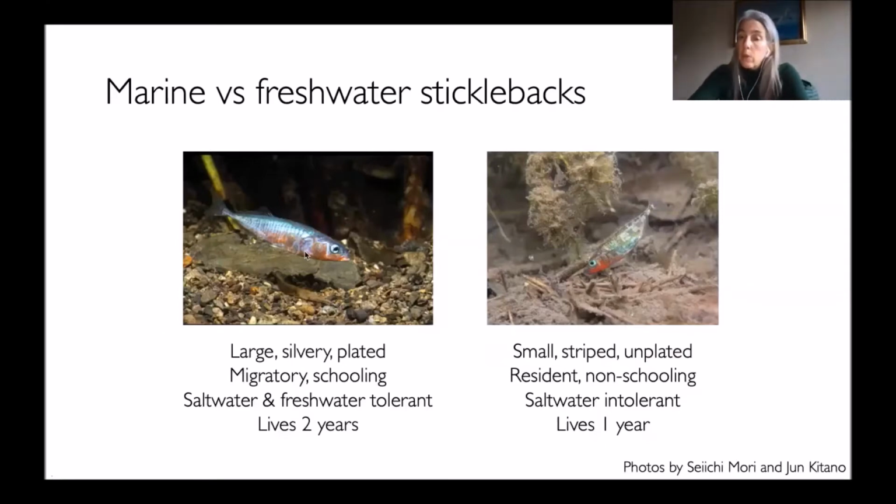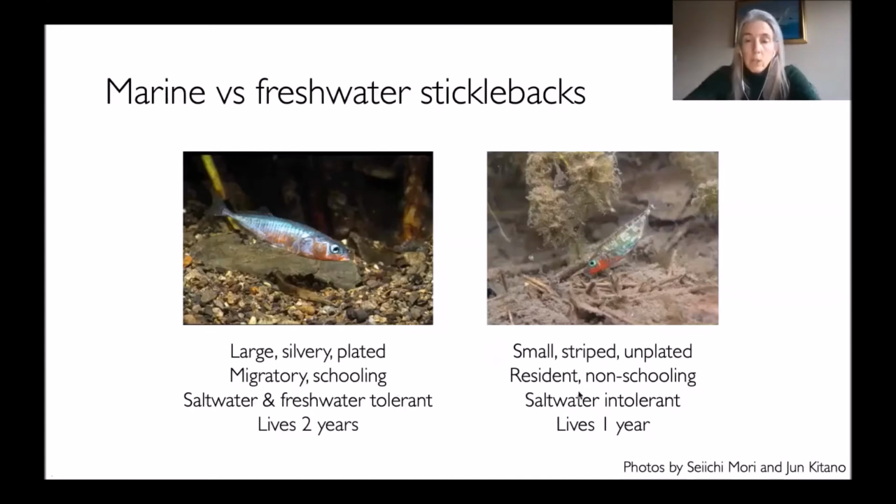Whereas freshwater resident sticklebacks spend their whole life in freshwater and in fact have lost the physiological ability to live in salt water. We've also worked a lot on schooling differences: marine fish school very strongly, freshwater sticklebacks don't. And there are also some life history differences. But these are just some examples of the many, many phenotypic differences between marine and freshwater populations of stickleback.